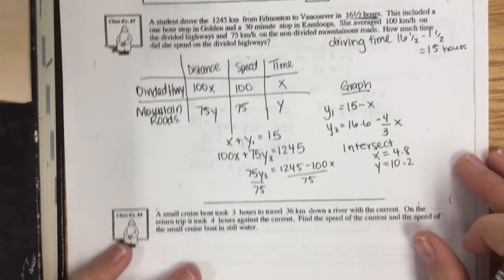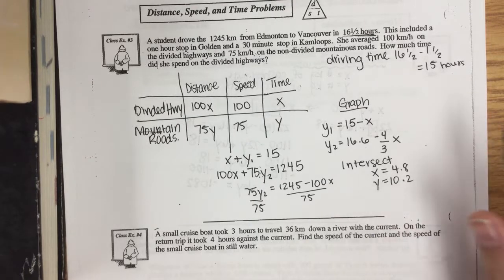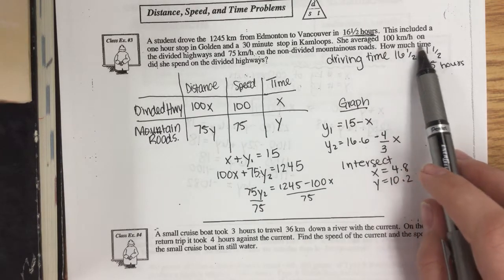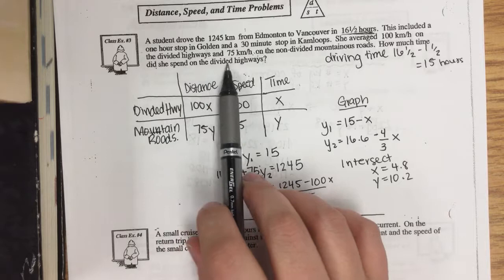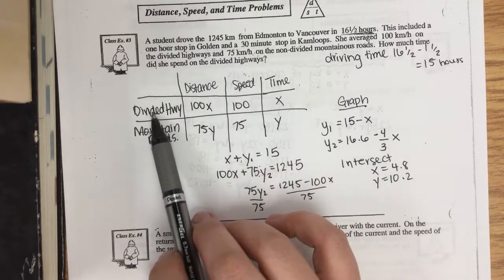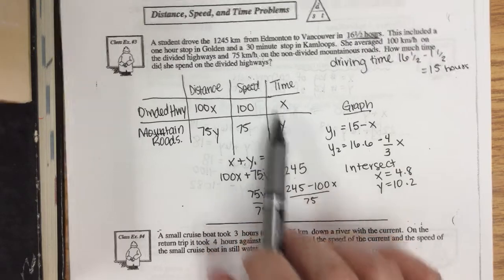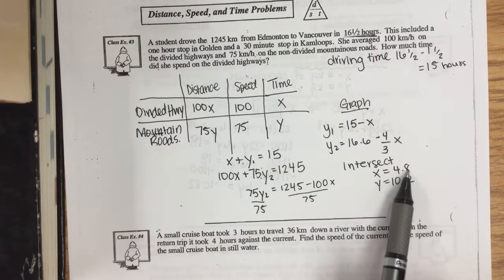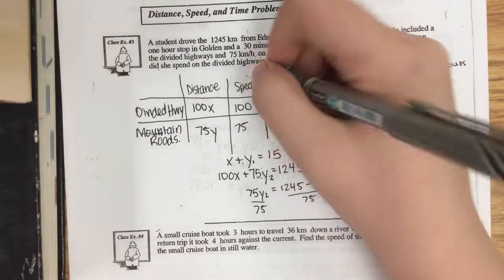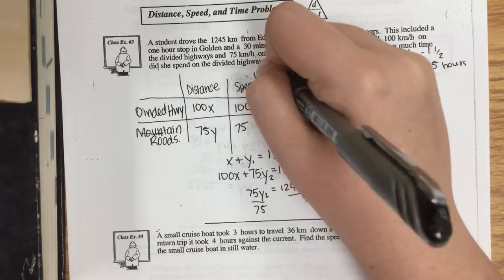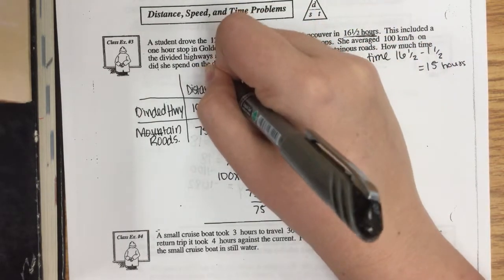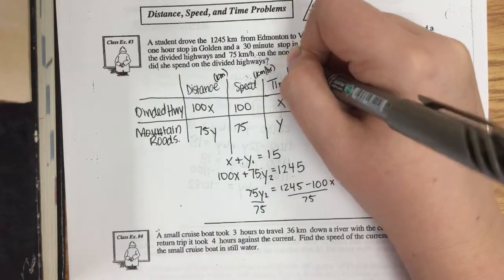Let's go back and figure out what the question was. How much time did she spend on divided highways? Divided highways, time was x. So really I just have to say, what is x? 4.8. What is x in? Well, speed was in kilometers an hour. Distance was in kilometers, which means time must be in hours.